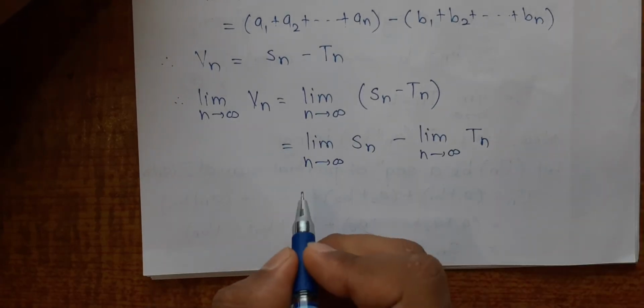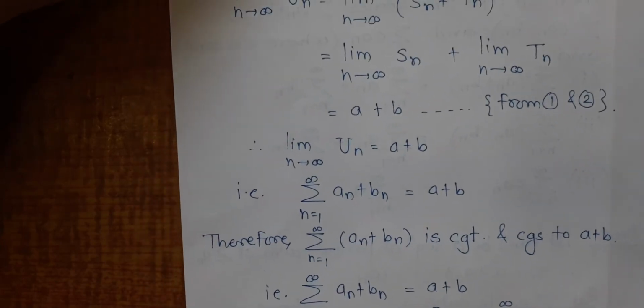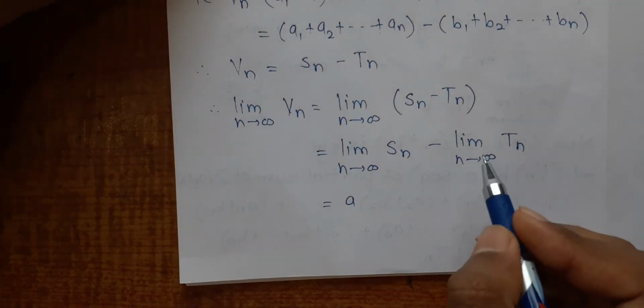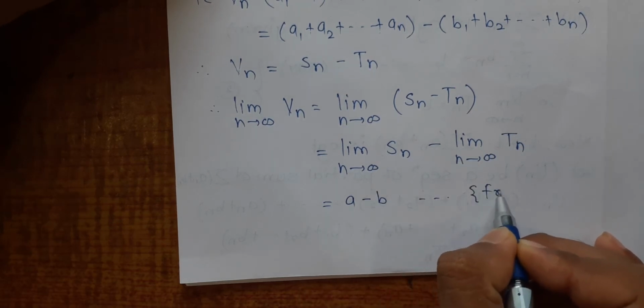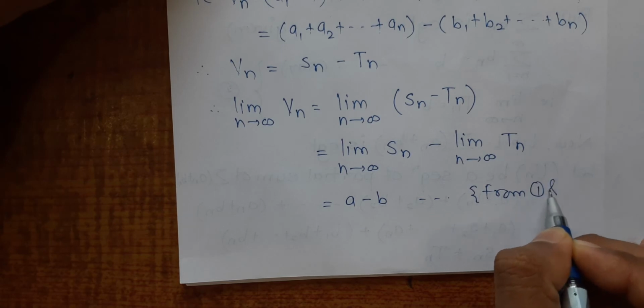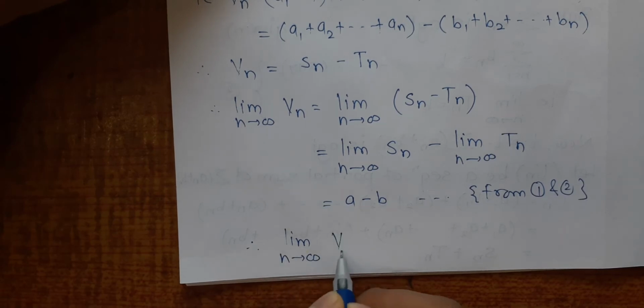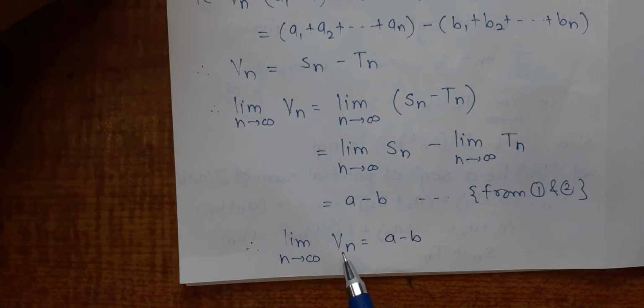What is the limit of S_n? The limit of S_n is A, and the limit of T_n is B, but the only difference is we have a minus sign between them. From 1 and 2, limit as n tends to infinity of V_n is equal to A minus B, right?